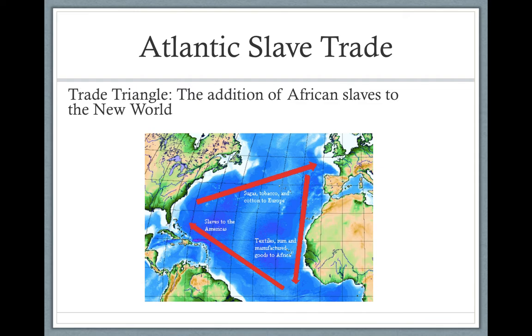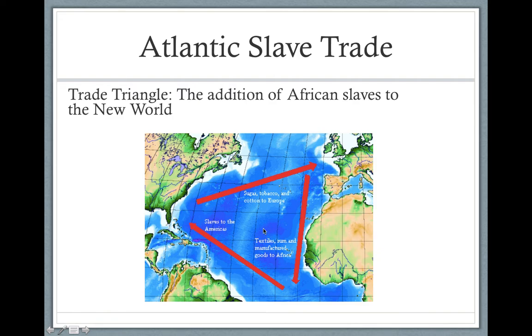And then the kidnapped Africans will be sold into slavery back into the New World, where they will then be forced to take care of the very cash crops, cotton, tobacco, sugar, that will then be sent to Europe, made into manufactured goods, that will then be sent to Africa, traded for more kidnapped Africans to be sold into slavery into the New World.